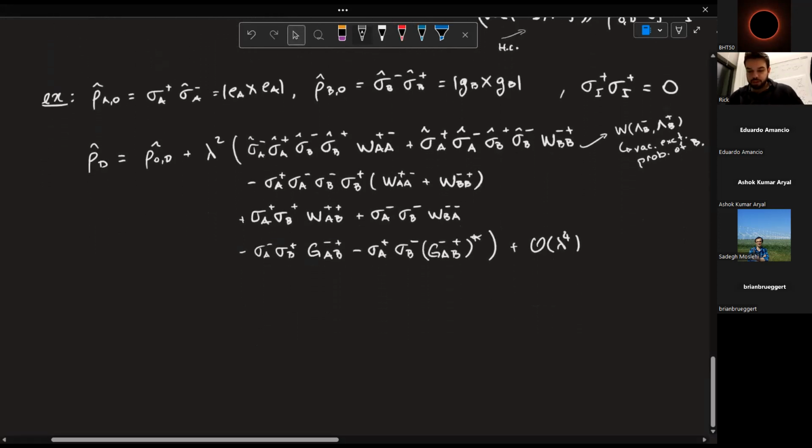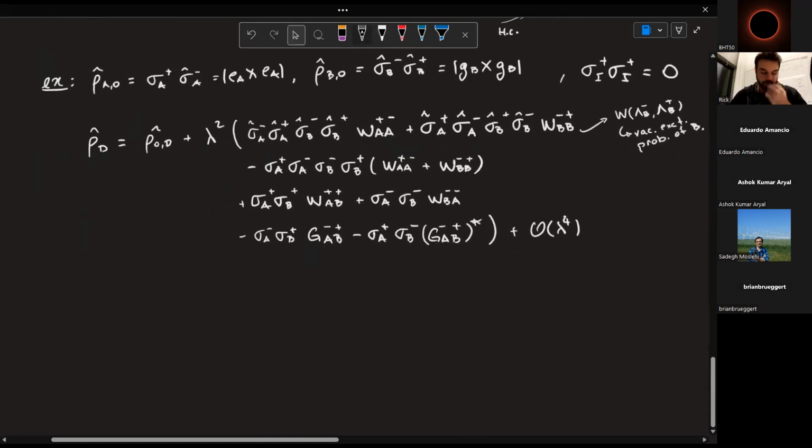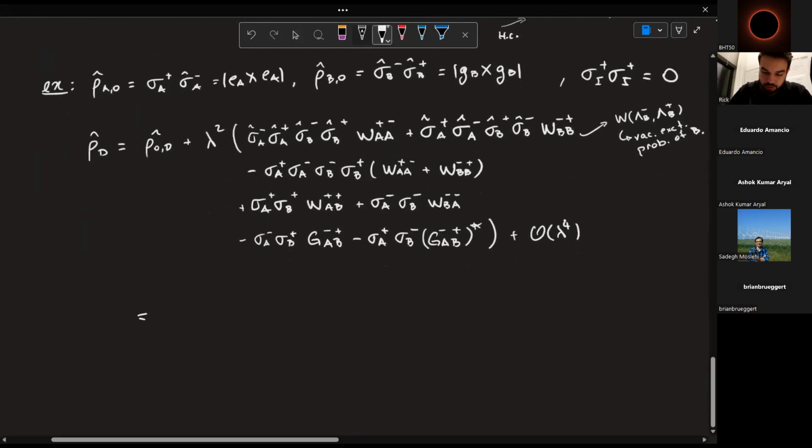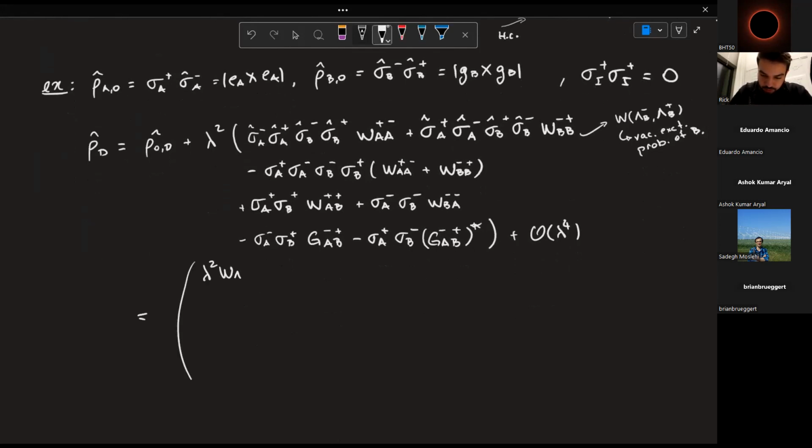So how do we put this into a density operator? Maybe that's more intuitive. Let me just write down the density operator. The density operator will be lambda squared WA plus minus, which is the excitation probability. We're going to have a 0, a 0, a 0.